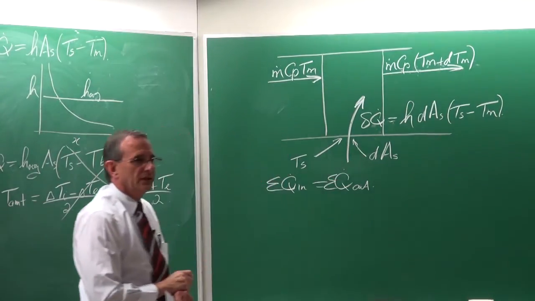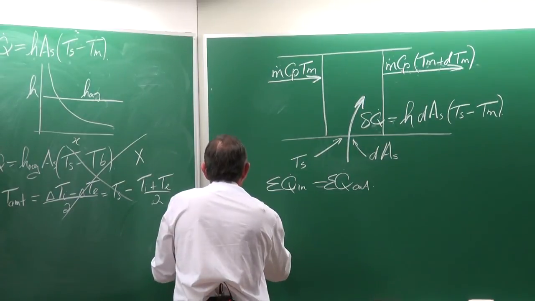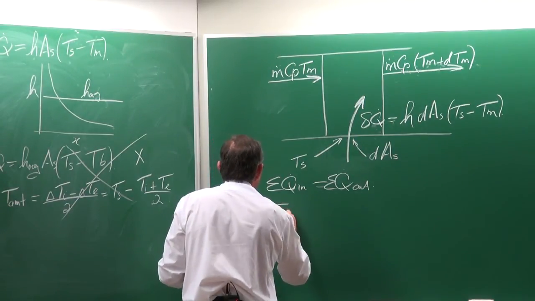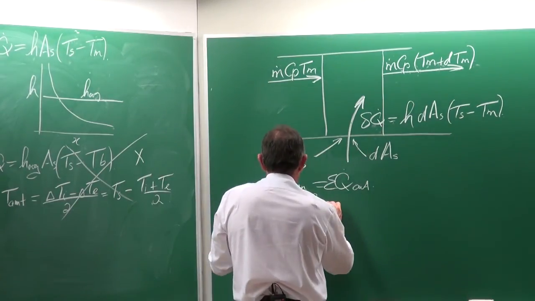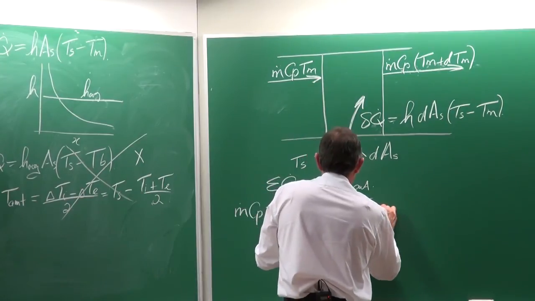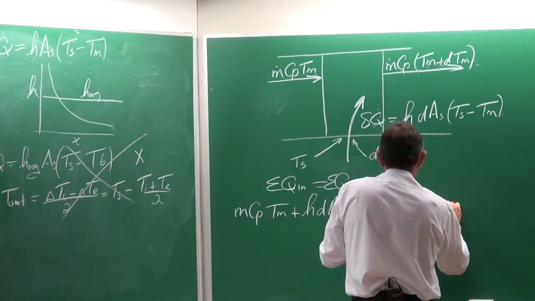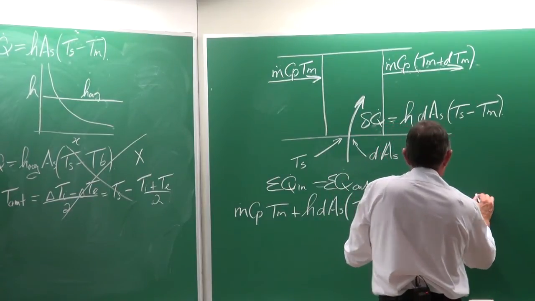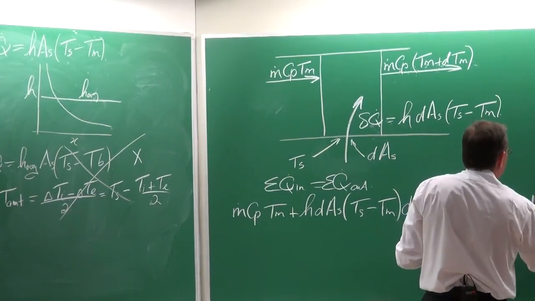Then we can say what is going in is the mass flow rate Cp Tm plus the heat transfer rate, h dAs, Ts minus Tm, is equal to the mass flow rate Cp Tm plus dTm.